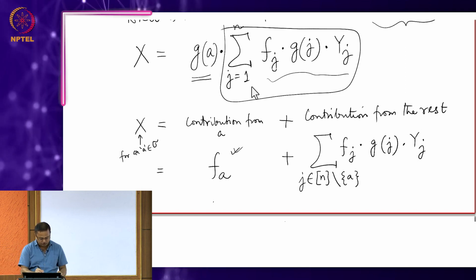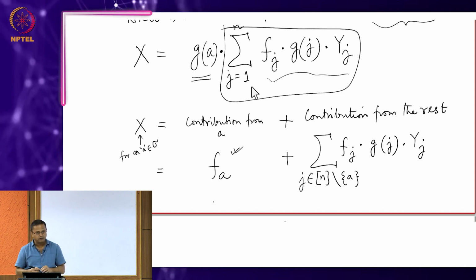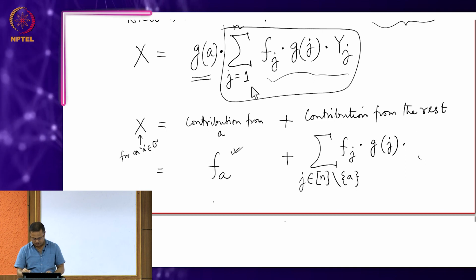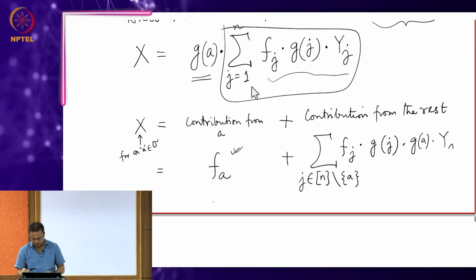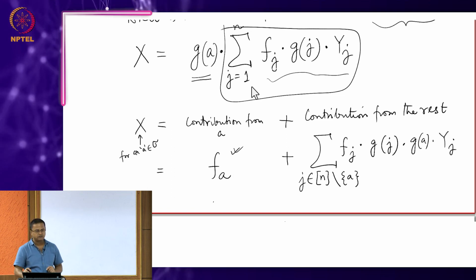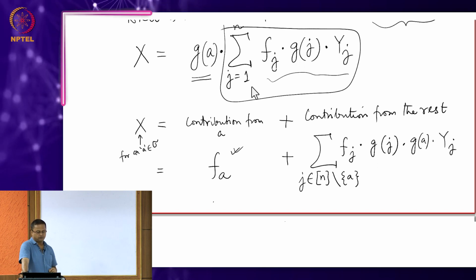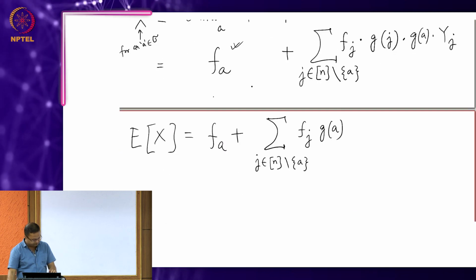I took the contribution of gA in this sum, but I did not take it for the other one. So, there was a gA outside which I missed, right. So, this was an error. Okay.